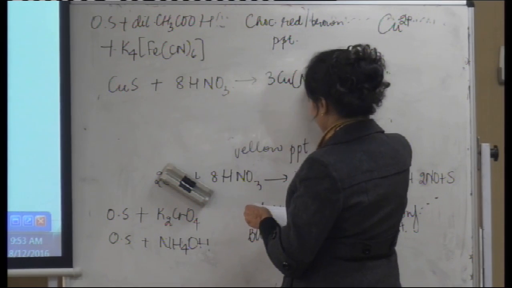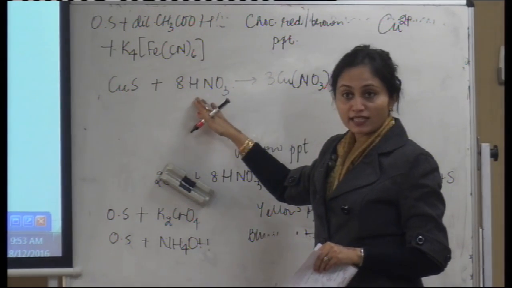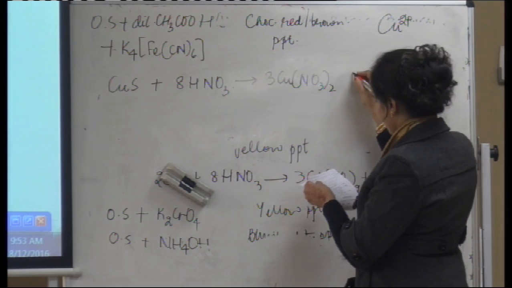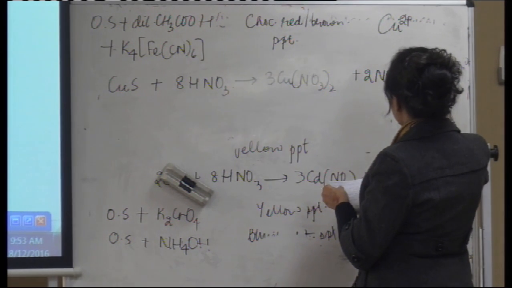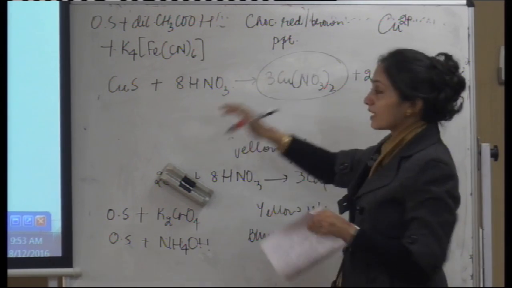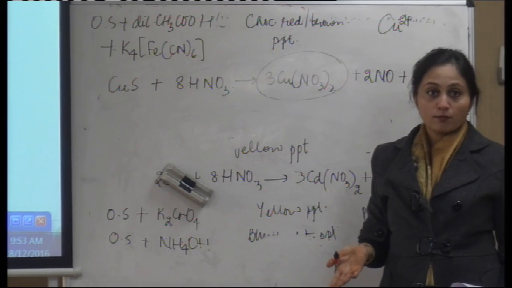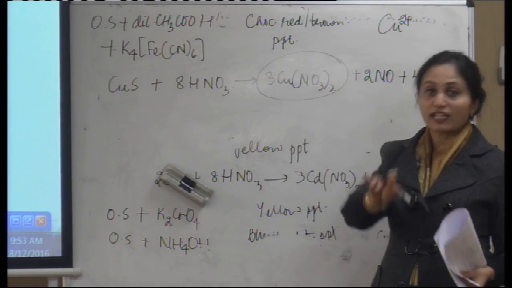I already have them written with me, so I'm just putting them directly. You have CuS plus 8 HNO3 giving copper nitrate plus 2NO, rest is only balancing of the reactions. But what is primarily important for you all is to remember what is getting formed on addition of what. Because it is all a play of the main thing which is getting precipitated or getting dissolved.